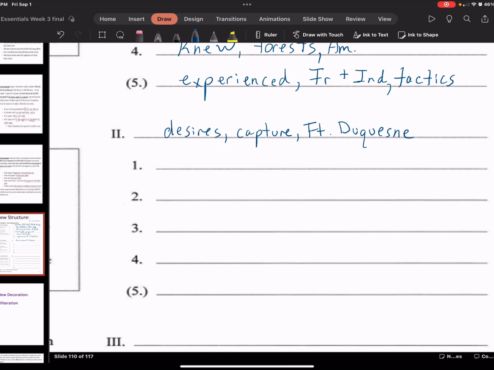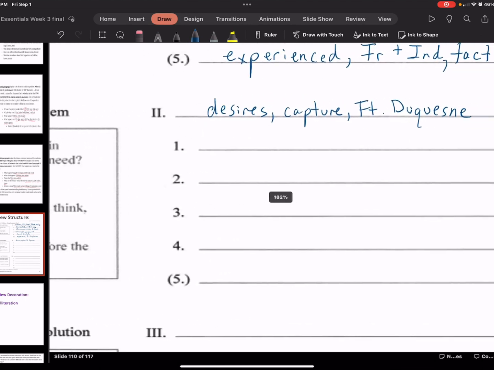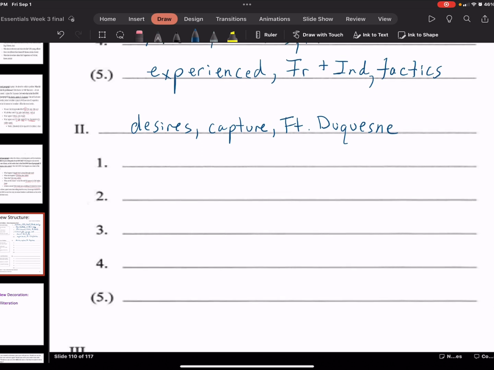What was the purpose of the fort? Are we there yet? No, but it's important to know why they want Fort Duquesne and what the purpose of the fort was. So we underlined that earlier, and we're going to say that it was a fort to keep the Britons, or the British, off the land.